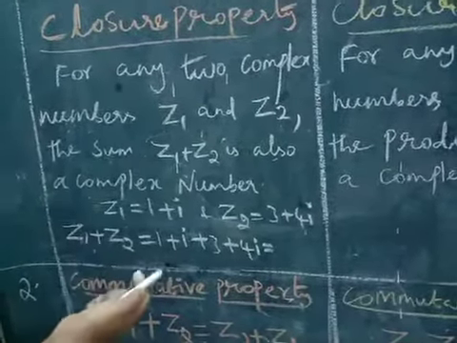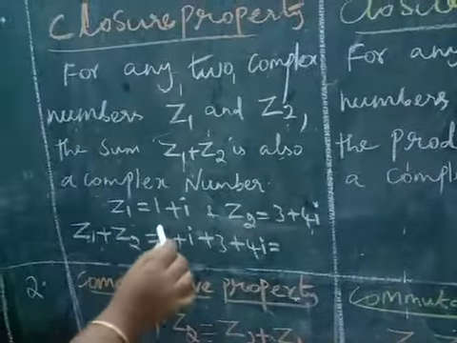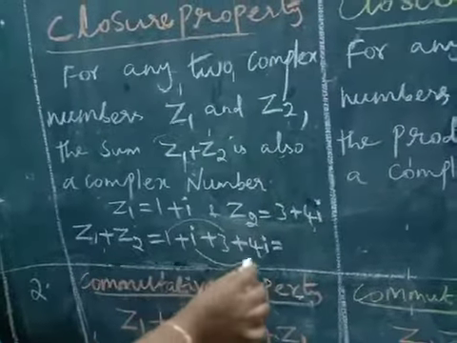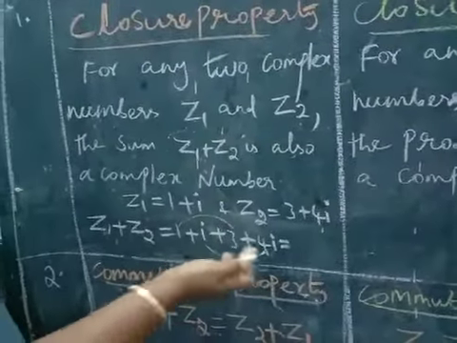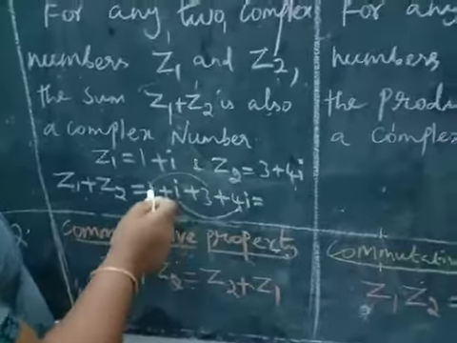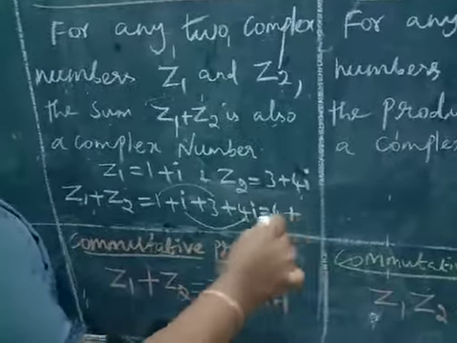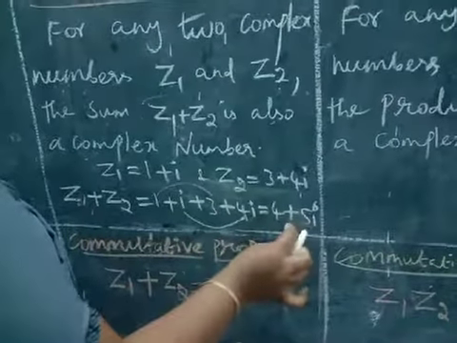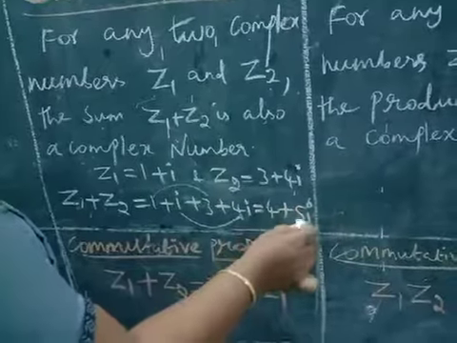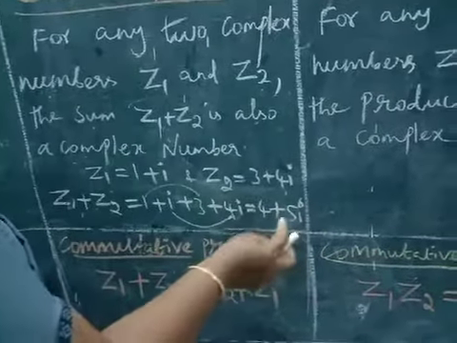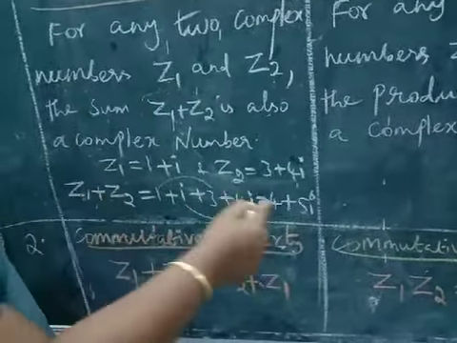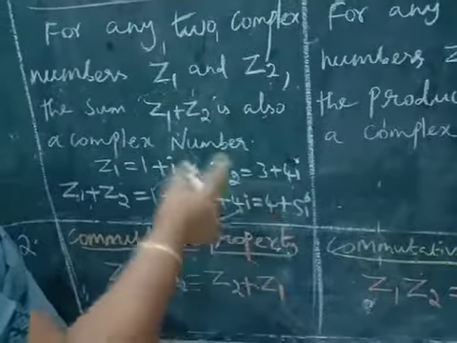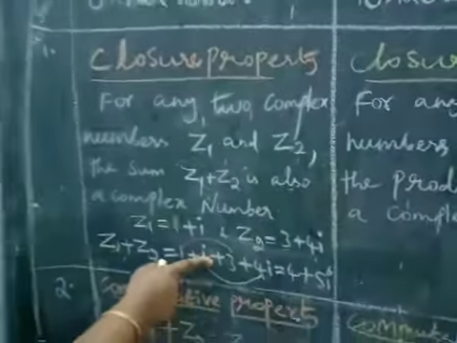How to add two complex numbers? Yes, we add the real parts and we add the corresponding imaginary parts. Now 1 plus 3 is 4, i plus 4i is 5i. See, this is also in the standard form x plus iy. This is also a complex number. So when we add two complex numbers, again we get a complex number. So this is called the closure property.